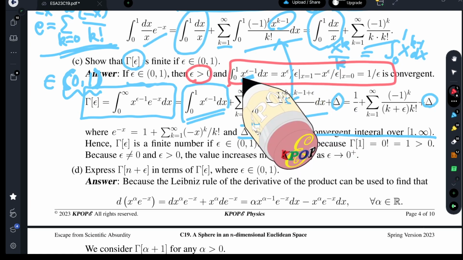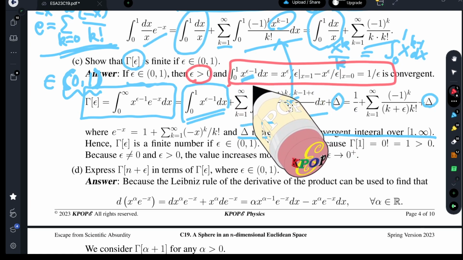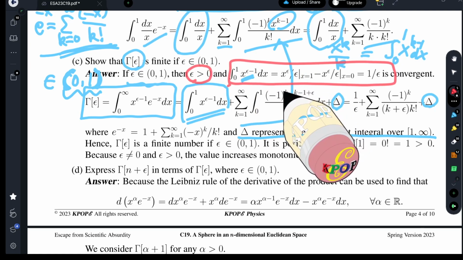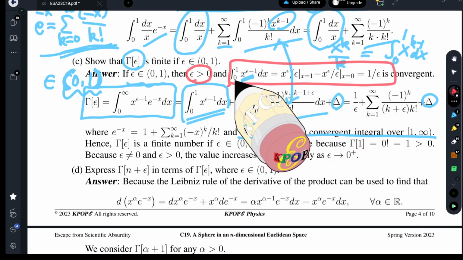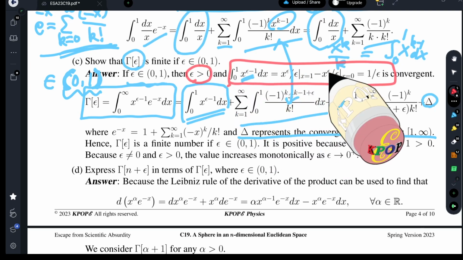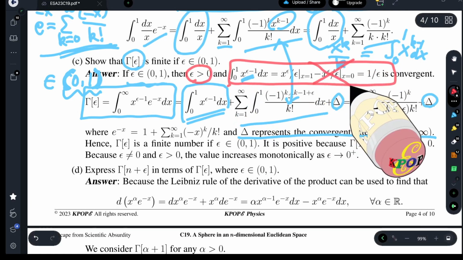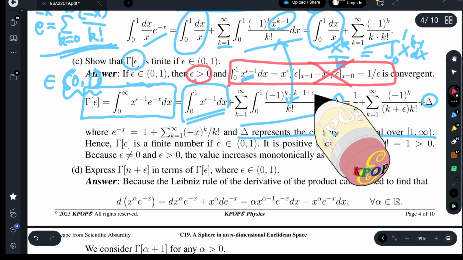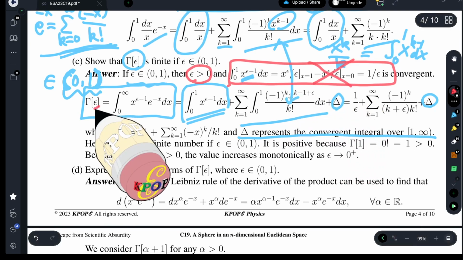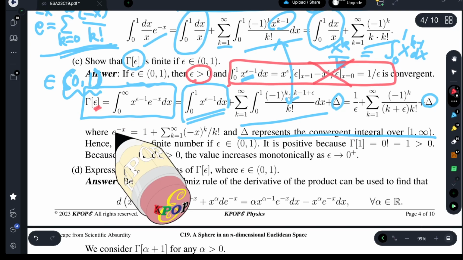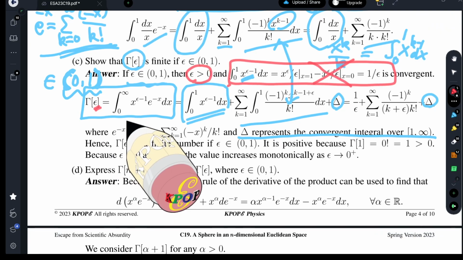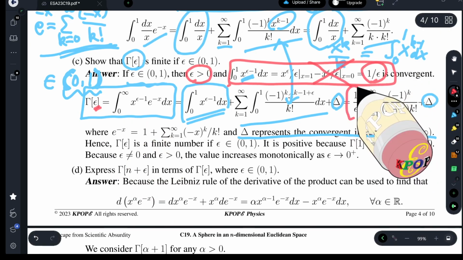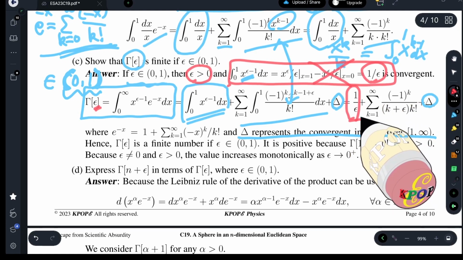When I substitute x equals 1, it's fine. If I substitute x equals 0, because this power is positive, this term vanishes exactly. Therefore, for any finite number epsilon, 1 over epsilon is a well-defined number.